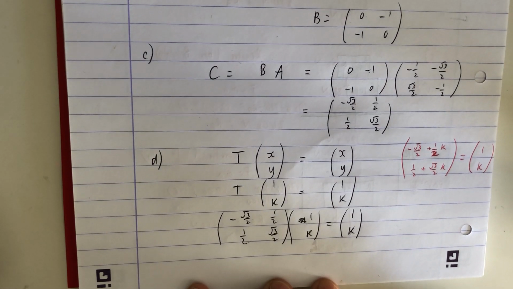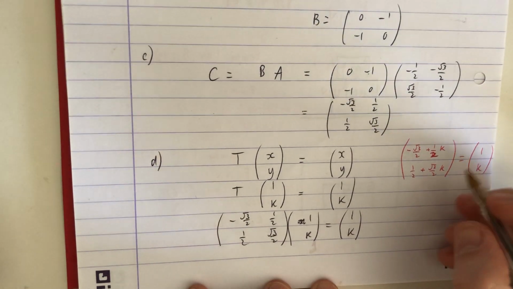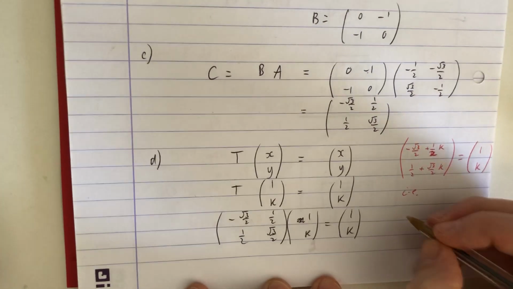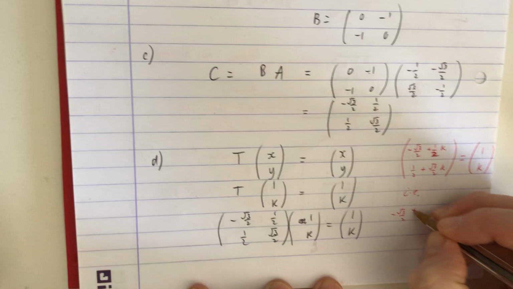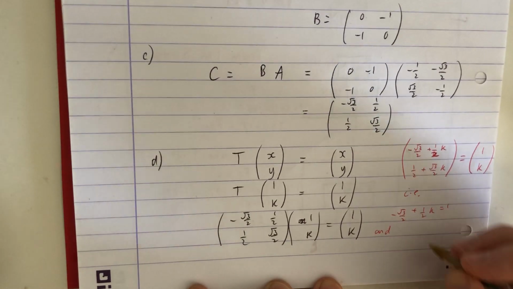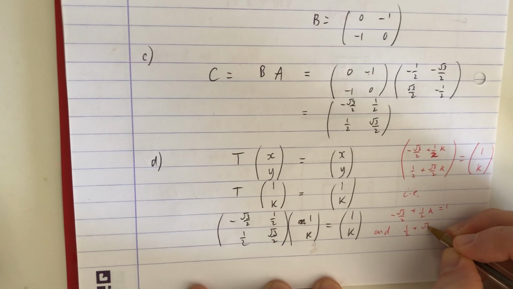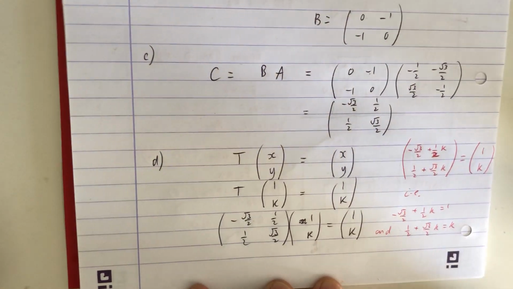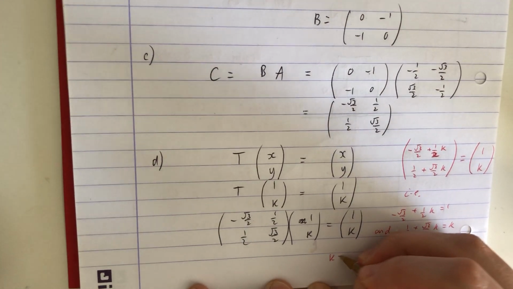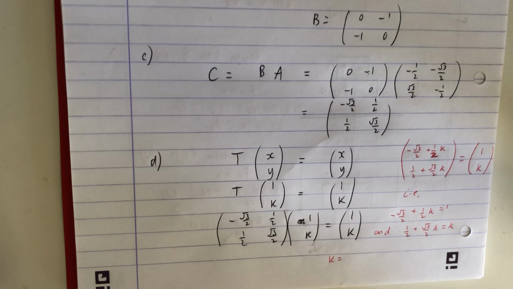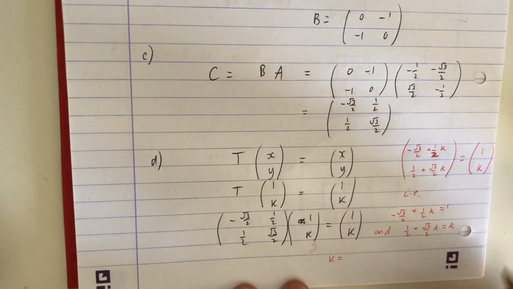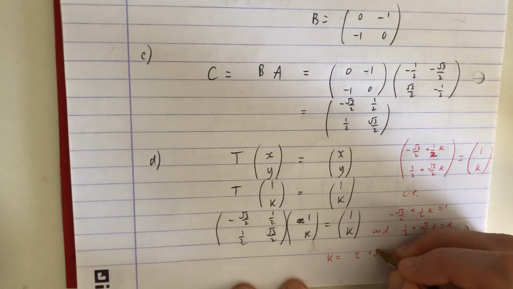You've got two equations with one unknown, so in other words, minus root 3 over 2 plus a half k needs to equal 1, and a half plus root 3 over 2 k needs to equal k. If you solve the first one, you get k is equal to, so if you add root 3 over 2 and then times by 2, that would be 2 plus root 3.